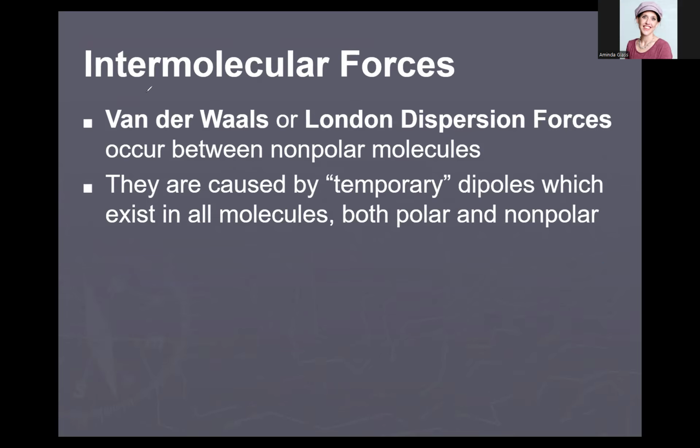So remember, you've got your electron cloud. So here's our nucleus. And you have your electrons, and your electrons are constantly moving. And if they all end up temporarily in one area for that split second, you're going to have a negative charge here and a positive charge there.